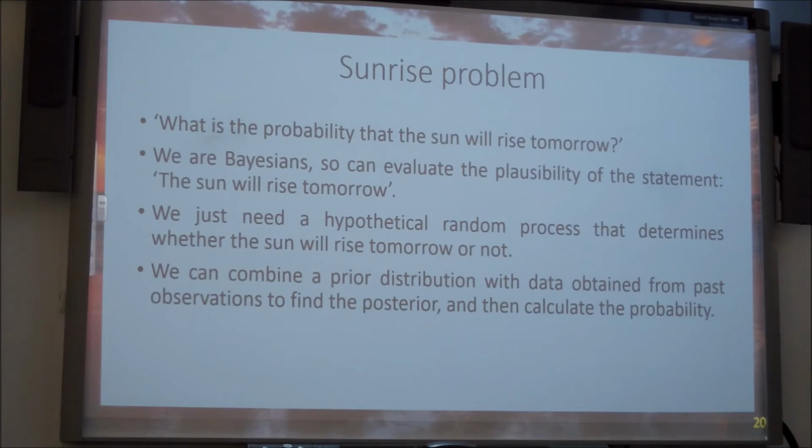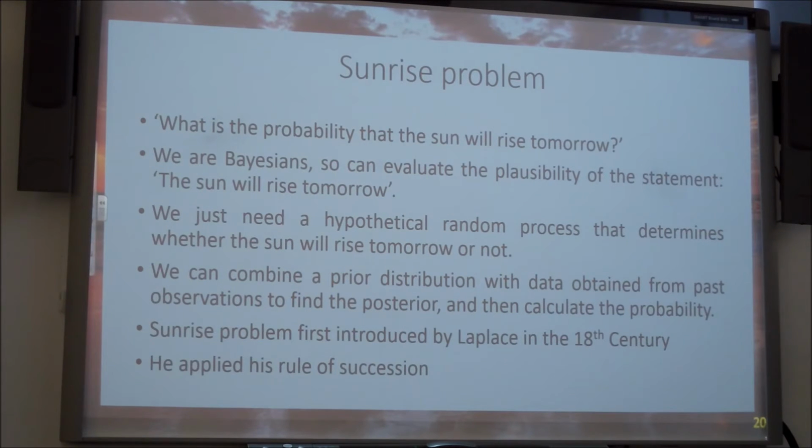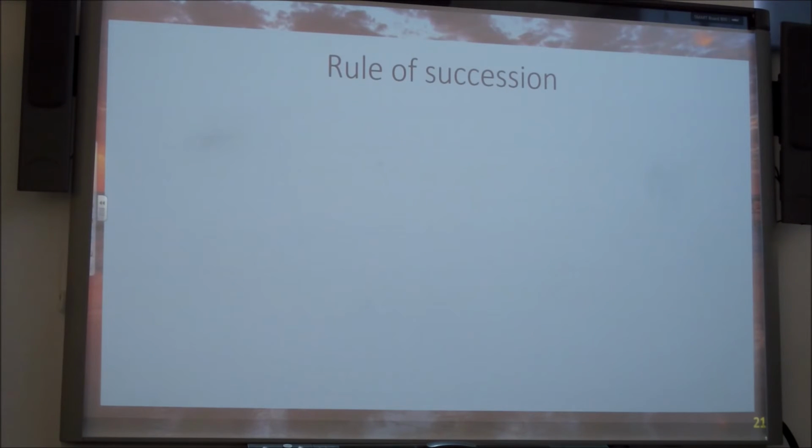And then we can have some data, so things we know about the sun rising in the past, combine that with a prior for theta to get a posterior, and then we can calculate a predicted probability that the sun will rise tomorrow. It was first introduced by Laplace in the 18th century, and he applied his rule of succession to it. So we need to understand that first.